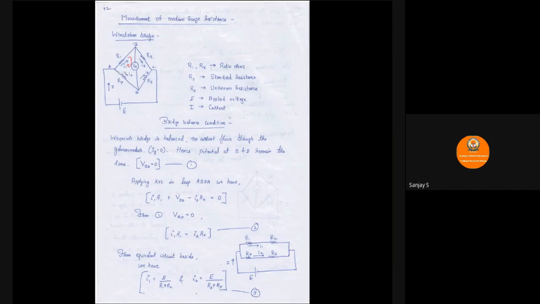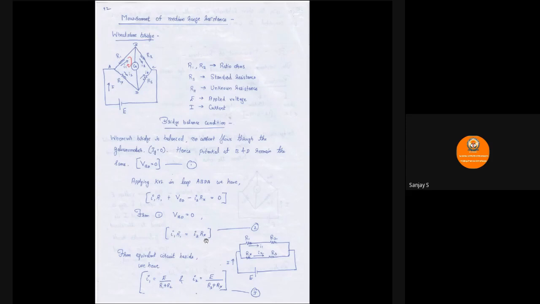If you follow one of the conventions, drops across the various branches will be equal to the source. So I1 R1 plus VBD minus I2 RX is equal to 0. Now, from the first equation, we already know that VBD is equal to 0. So you will be left with I1 R1 is equal to I2 into Rx.